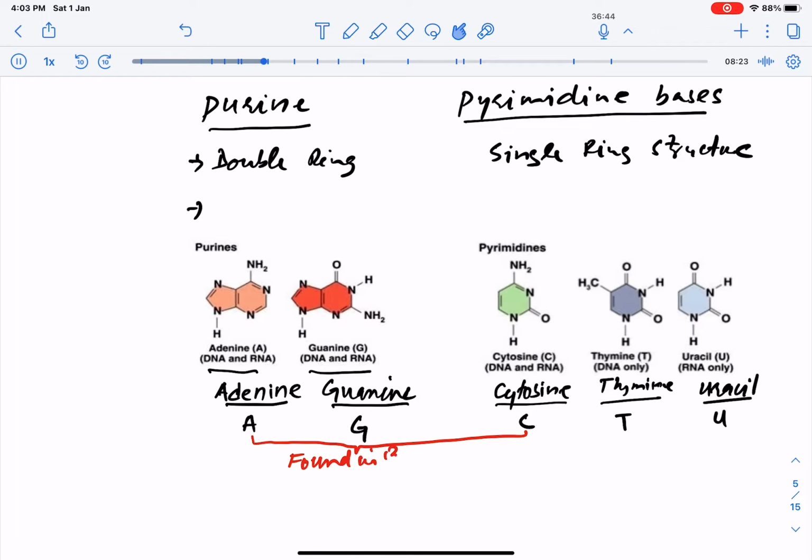Whereas thymine is found in DNA only, and uracil is found in RNA only.